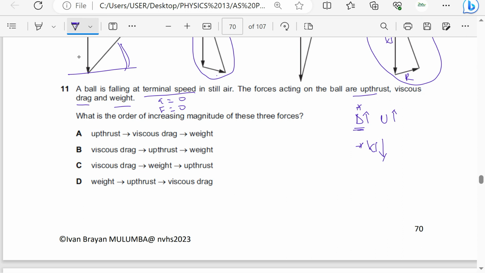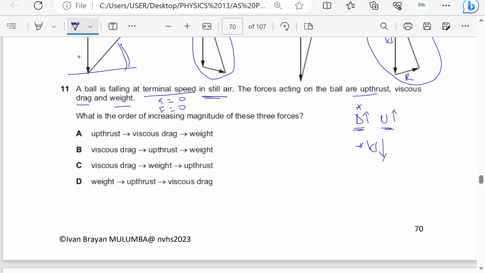What is the order of increasing magnitude of these three forces? Before it starts moving, of course, we know it only had the weight. But if it is moving in still air at a constant speed, in air which is not really blowing, then the upthrust depends on the difference in pressure on the top and the bottom.